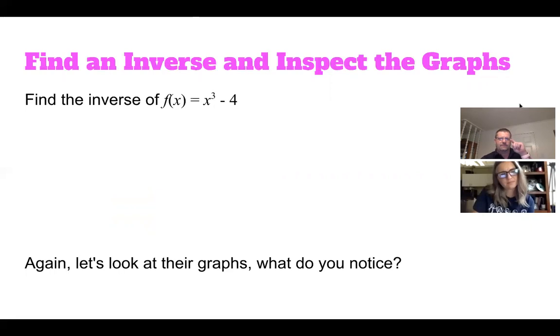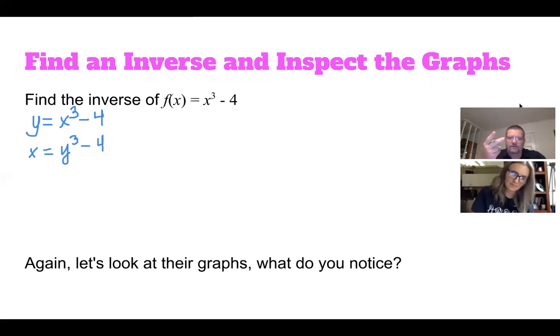So I think I'm going to need a plus 4 in my answer somewhere, and since I have a cube, I'm probably going to need a cube root. That's not my answer, but it's me thinking before I start to mess with this. She's written it with the y for the sake of convenience, and she's now doing that step 2, that inverse step.